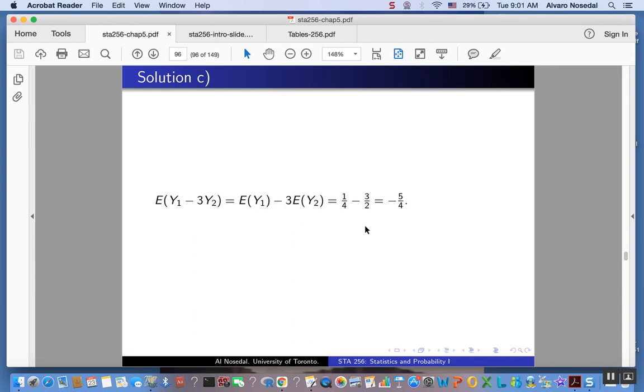The ideas are similar for discrete random variables. What I wanted you to see is that the properties you know and love from expected value in the univariate case are easily generalized to the bivariate case.